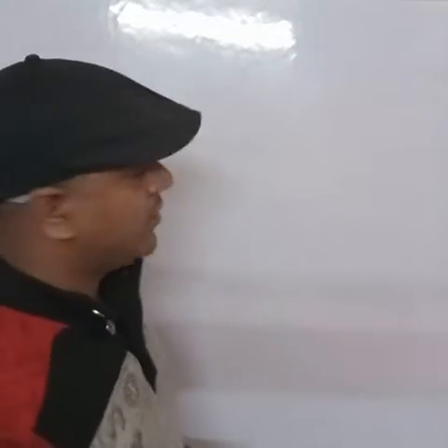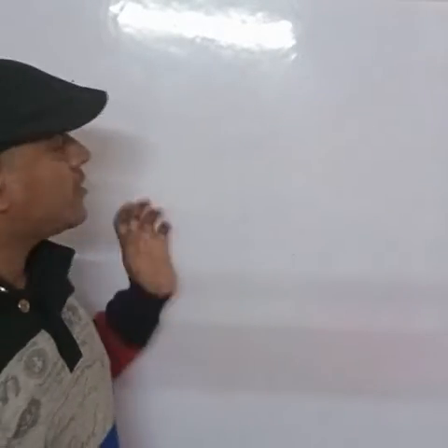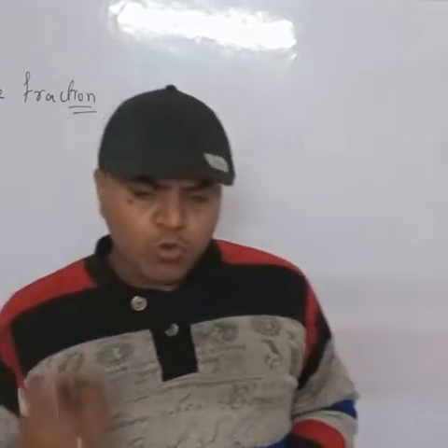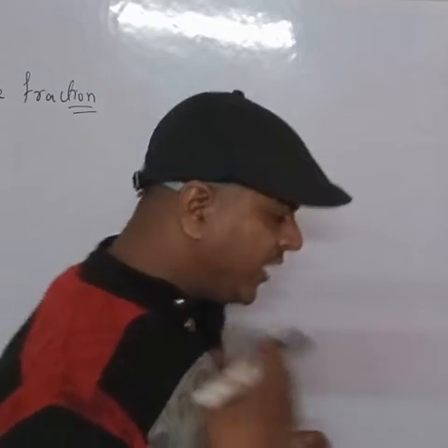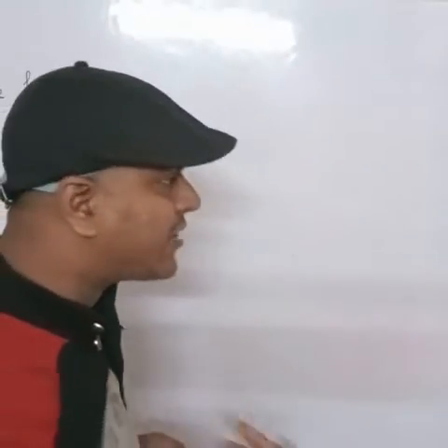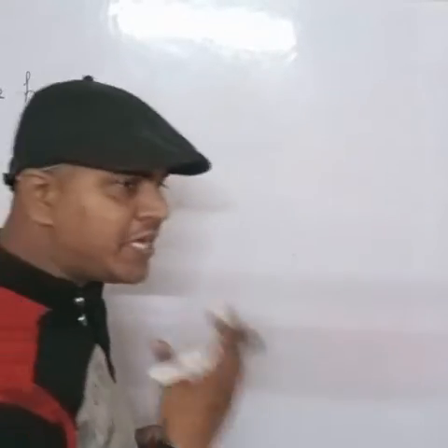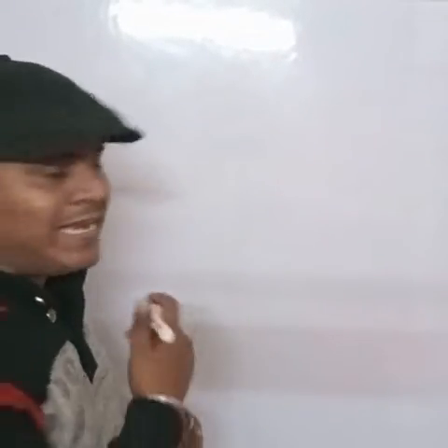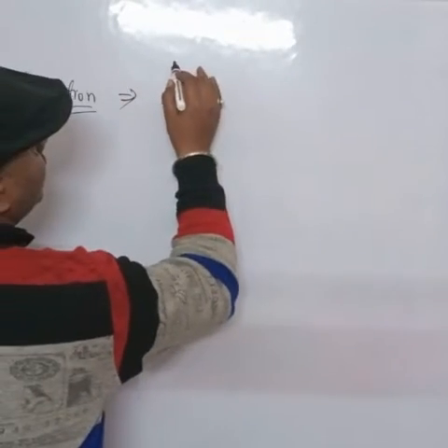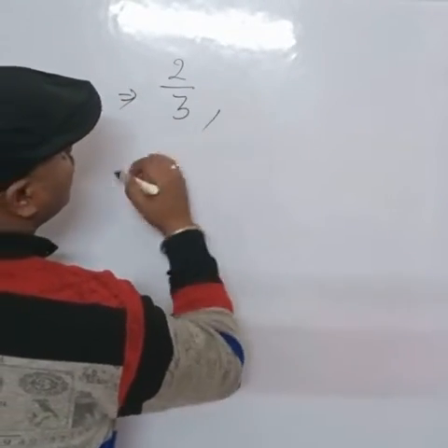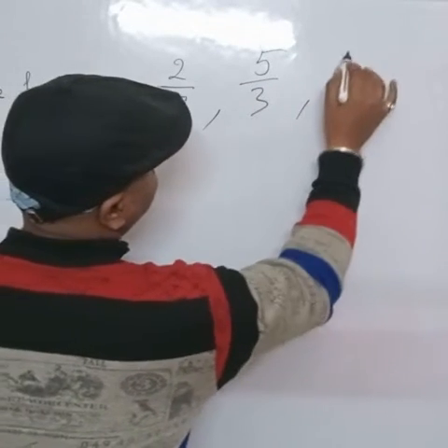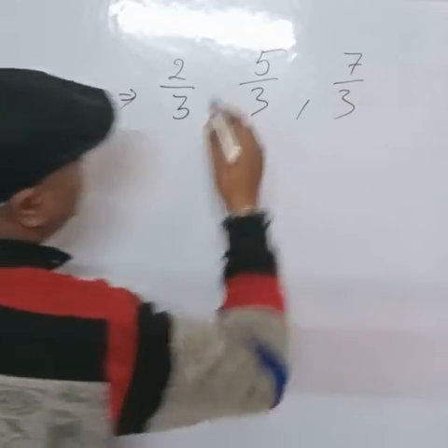The next is the like fraction. What is like fraction? Two or more fractions in which the denominator is same, then that fraction is called like fraction. Let us take an example. 2 upon 3, 5 upon 3 and 7 upon 3.